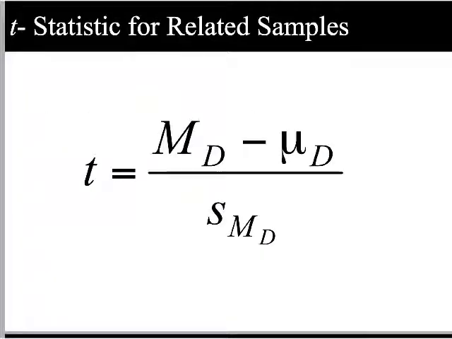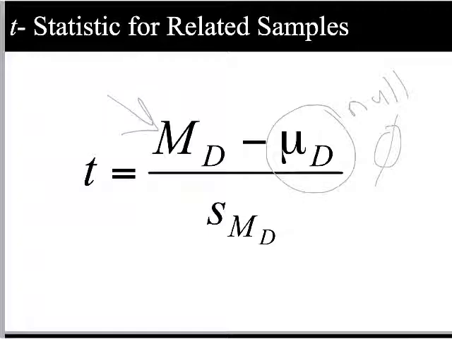All right, and here's the t-statistic for related samples. Just like on the other t-statistics, this represents the null, so basically that's a 0, and we can not really worry about that one. The values that we're going to end up plugging in are the mean difference score, and then the estimated standard error of the mean difference. So the mean difference score over the error term, right?